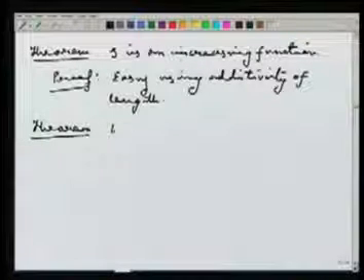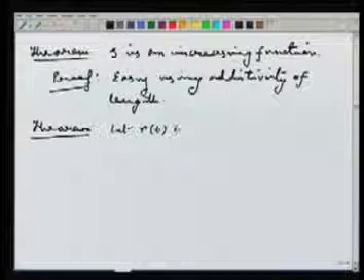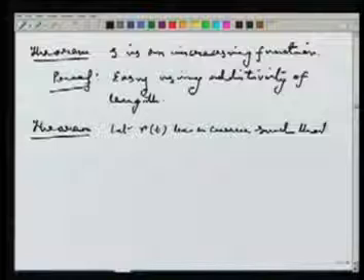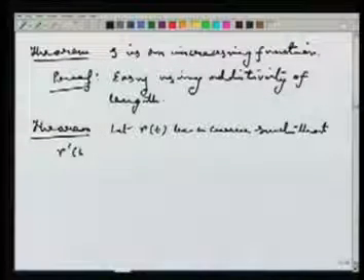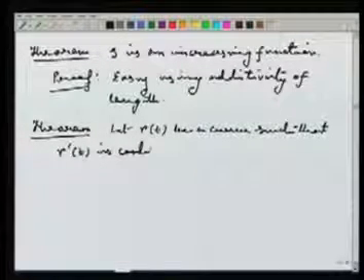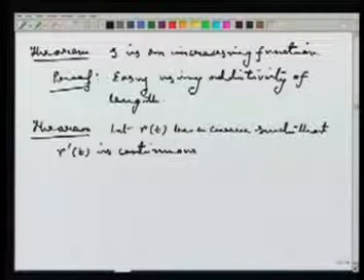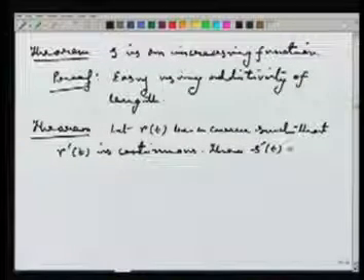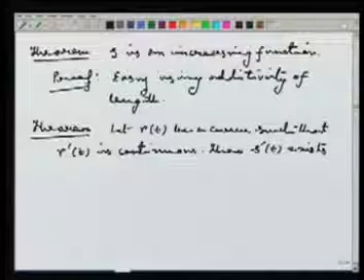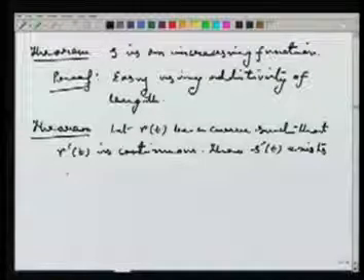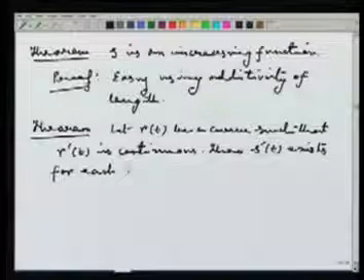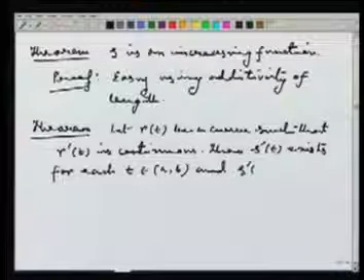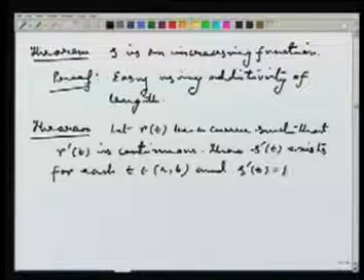Let r(t) be a curve such that r prime(t) is continuous, then S prime(t) exists, that is, the function S which we have defined turns out to be a differentiable function for each t in the open interval (a, b), and S prime(t) is equal to norm r prime(t).